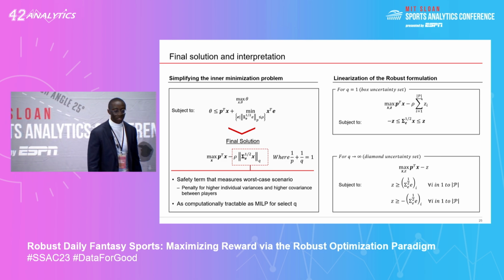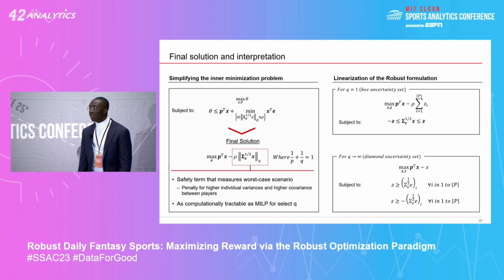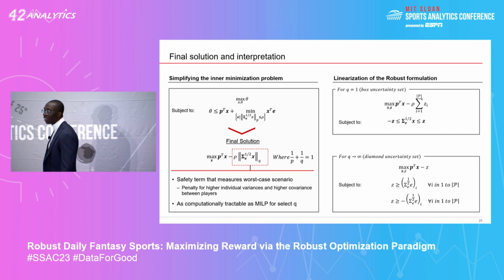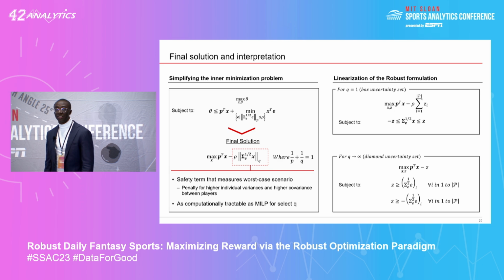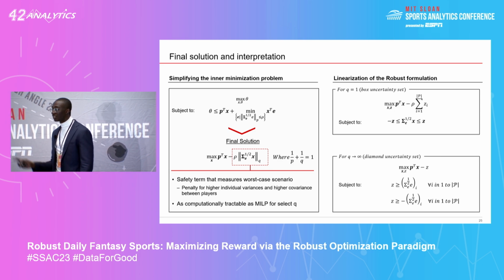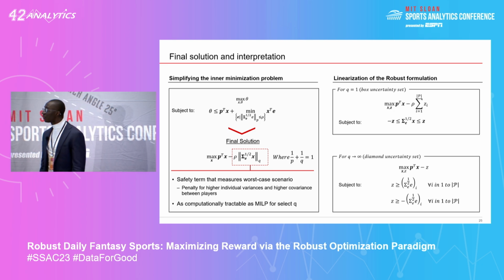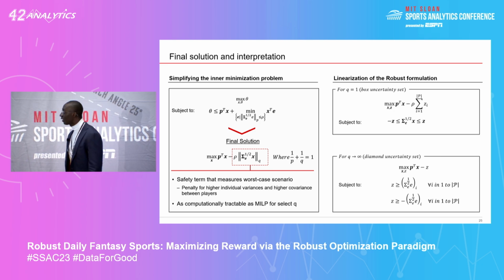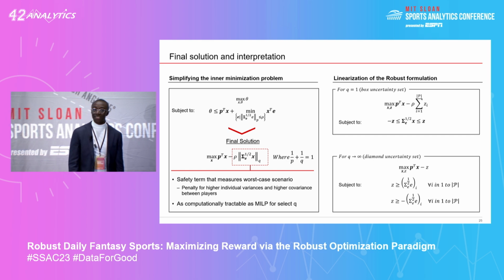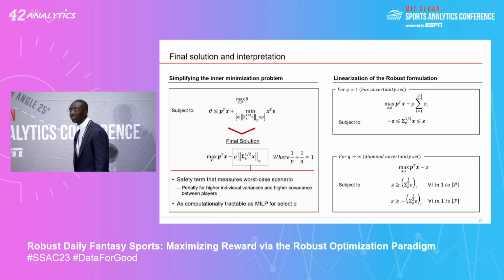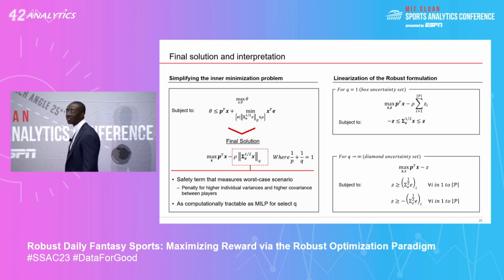That's that first equation that you see up there on the left. That problem is a conic programming problem, and if you're familiar with those kinds of problems, this is a straightforward solve. And so I'm going to skip over the solve to the final solution. And if you look at the final solution, it looks very similar to that basic strategy where I'm trying to maximize the projected points of the lineup, but now there's a penalty.